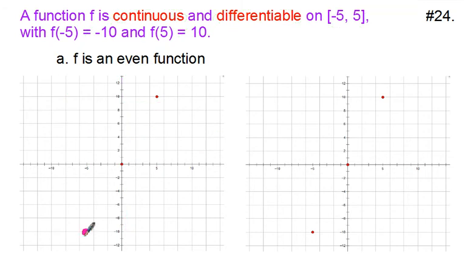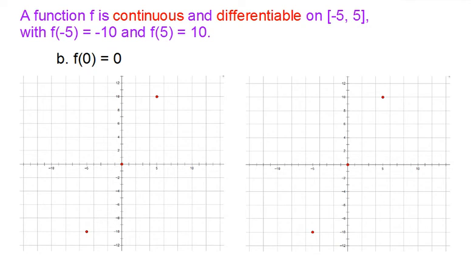In other words, f of negative 5 is down here, whereas f of 5 is up here. So it might possibly be an odd function, but it's definitely not even. We can say definitively, regardless of what else this graph does, as long as it hits these 2 points, who knows what's in between, it cannot possibly be even. So the first one is never true.